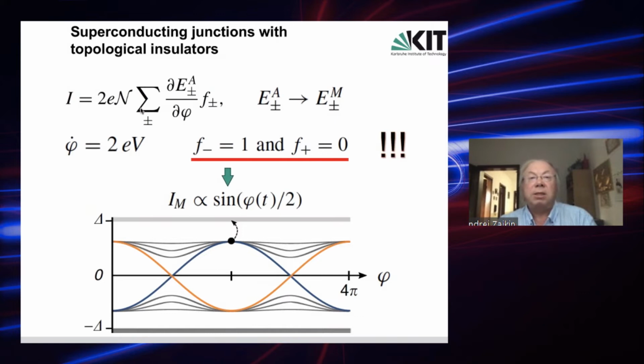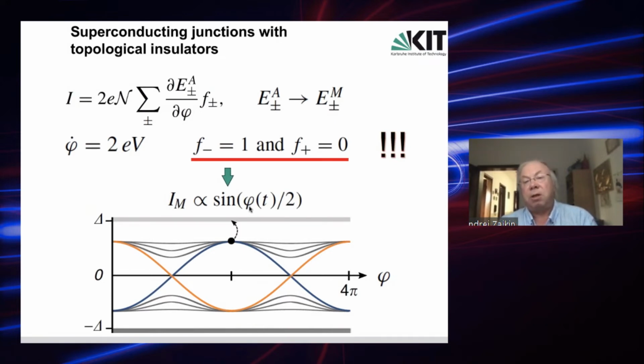In this case, they plug this filling factor into this simple formula, and of course immediately get that kind of dependence of the Majorana contribution to the supercurrent as a function of the phase, which now depends on time.